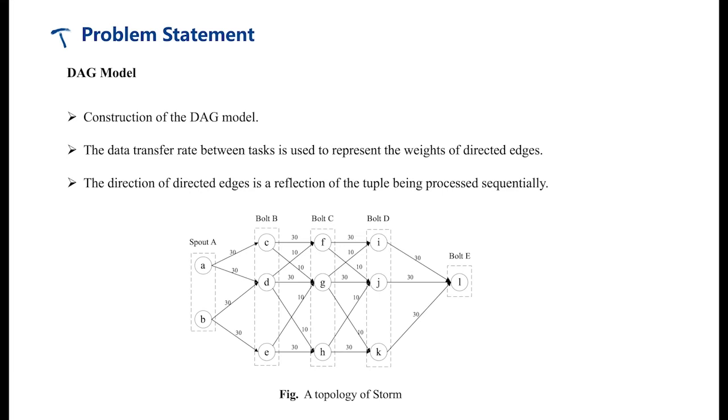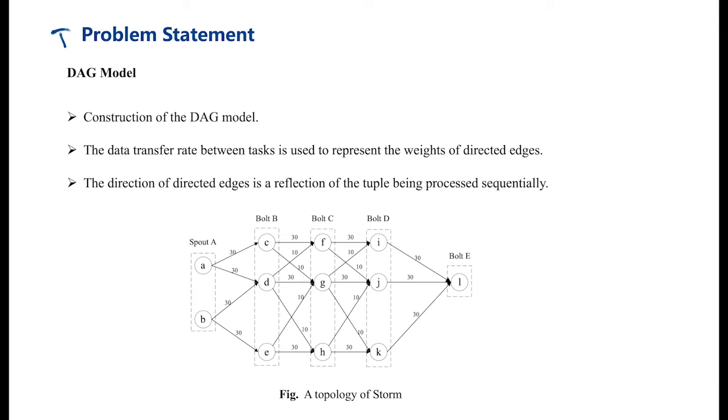About the problem statement, here you can see a typical directed acyclic graph based on Storm. You can see some of the Storm terminology here, such as spout and bolts. You can refer to the paper for more detail about this.